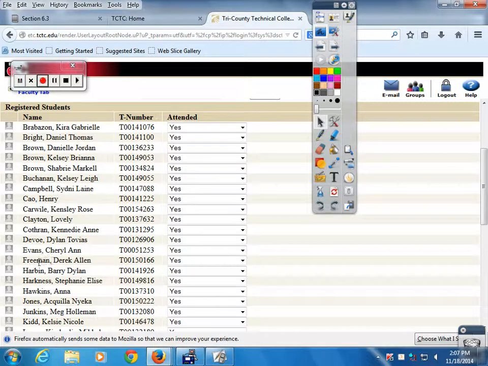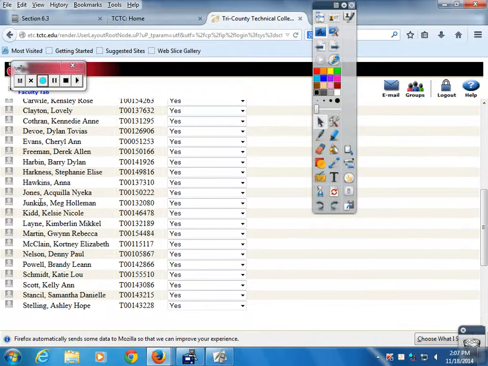Evans is here. Freeman is here. Harbin, Harkness is here. Jones, where are you? There you are, the quiet one again. I'm learning all of you, but the quiet ones. Junkins is here. Kidd, where are you? Lane. Martin's here. McLean's here. Nelson's here. Powell's here. Schmidt's here. Scott. Stansall. And Stelling. Here.